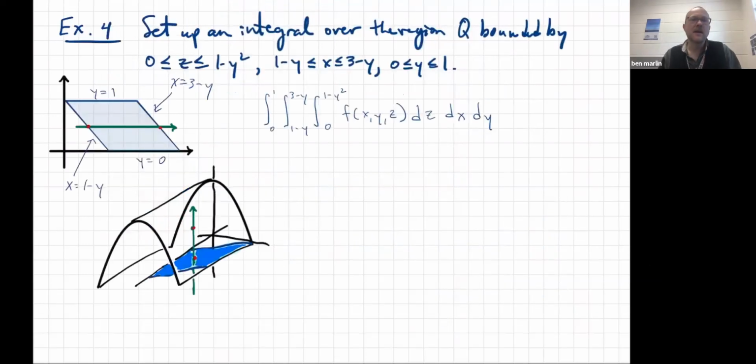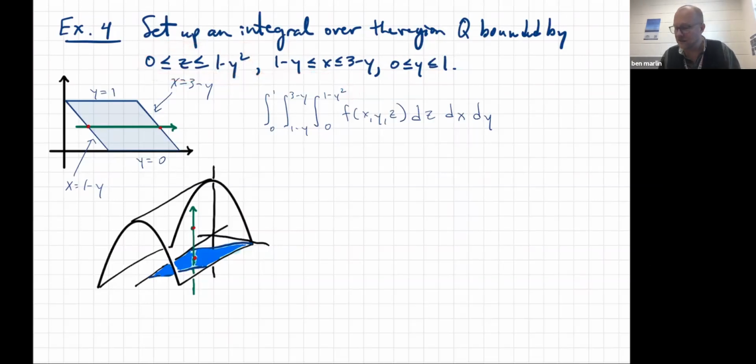So this one asks us to set up an integral across a region Q that's bounded by this here, and that there. Somebody made the observation the other day, hey, if it has things set up in exactly that way, doesn't that just tell you what to do for the inside limit of integration?